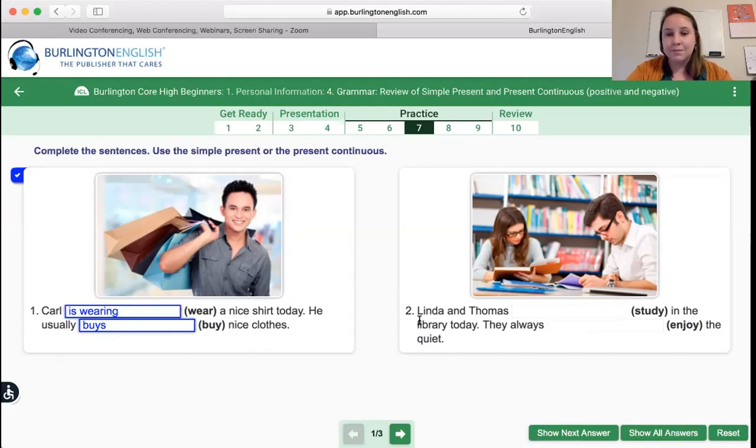Then the second one, Linda and Thomas are studying, so there's 2 of them, they are studying in the library today. So it's happening right now. They always or regularly enjoy the quiet.